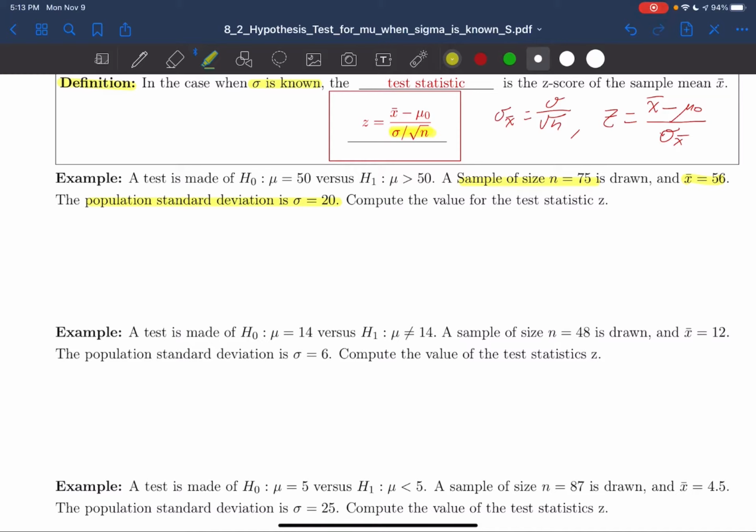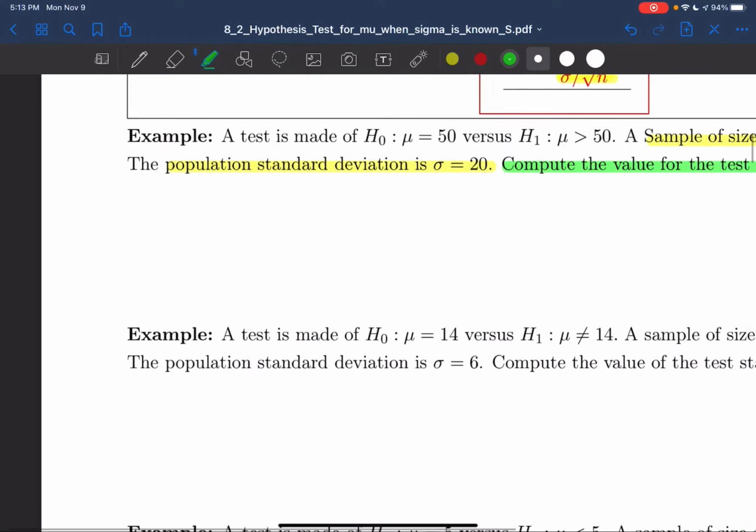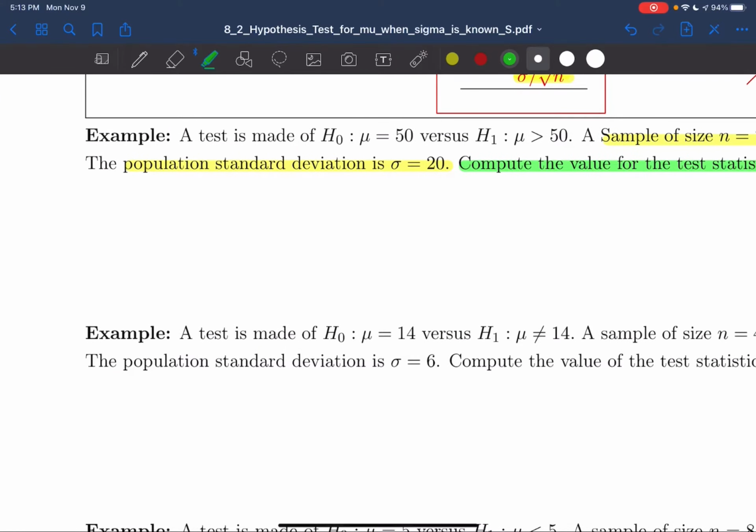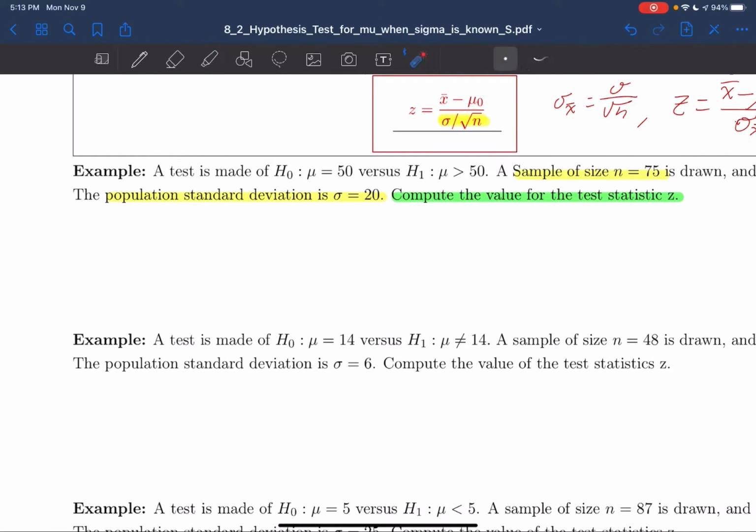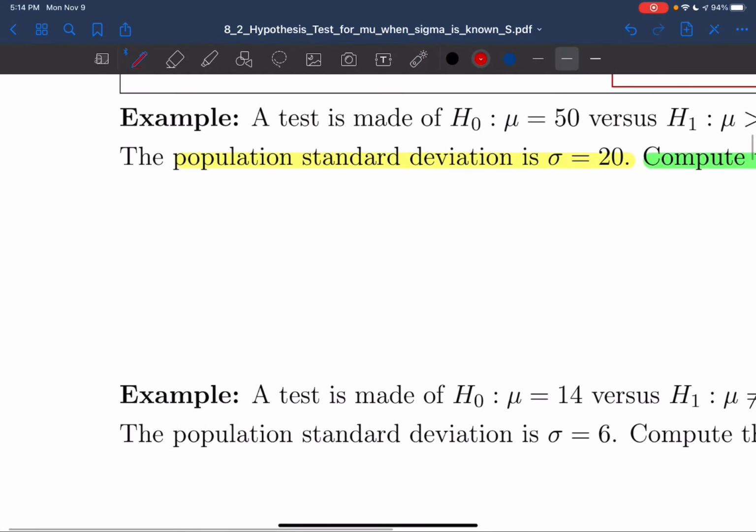We want to compute the value of the test statistic z. And again, this is just the beginning of actually computing hypothesis testing. So let's do some practice. Here we already know what our hypotheses are, so we can just write it right here.